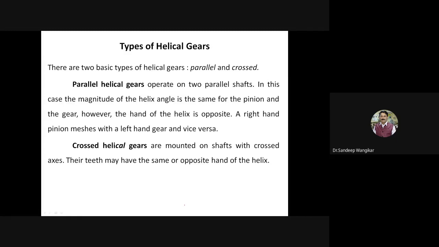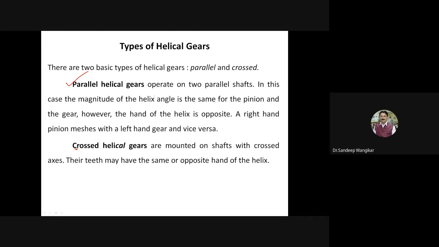Now, there are again two more types. Generally whatever examples we are observing are all parallel helical gears only. So what we will be discussing is parallel helical, but there is also one more type, crossed helical gears. Parallel helical gears operate on two parallel shafts.